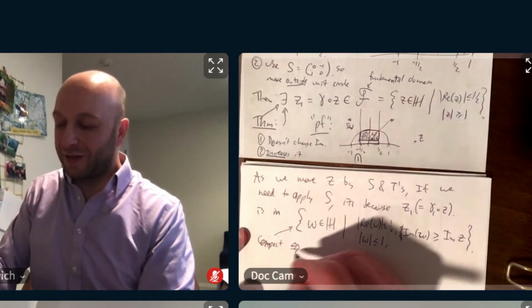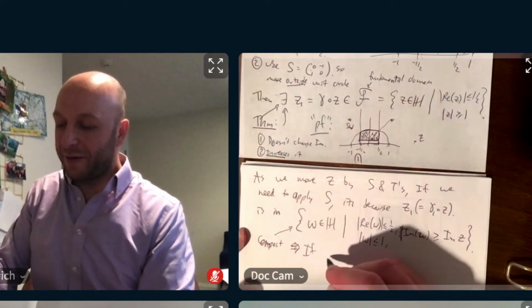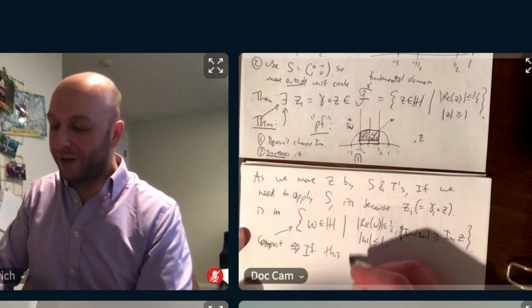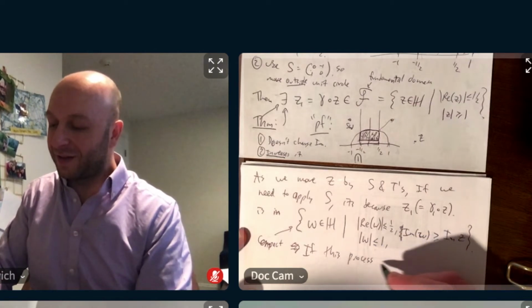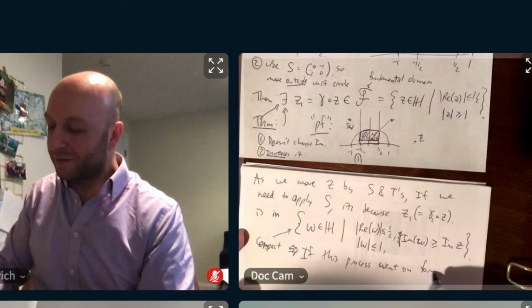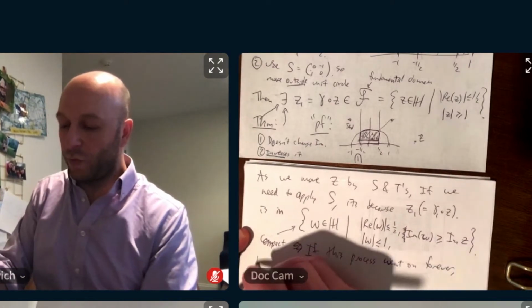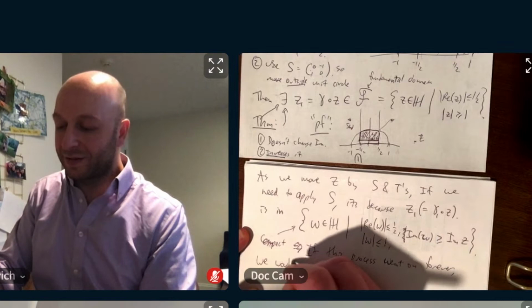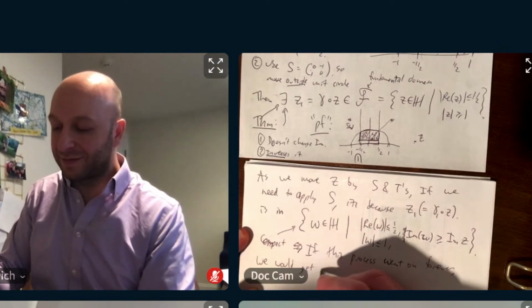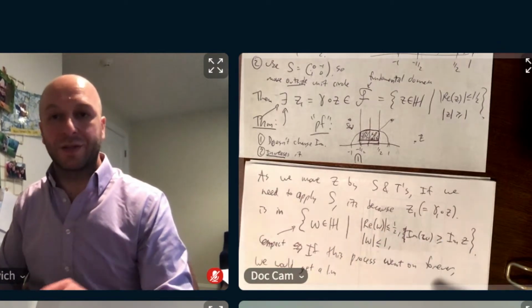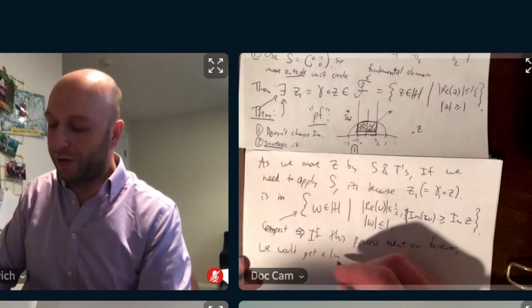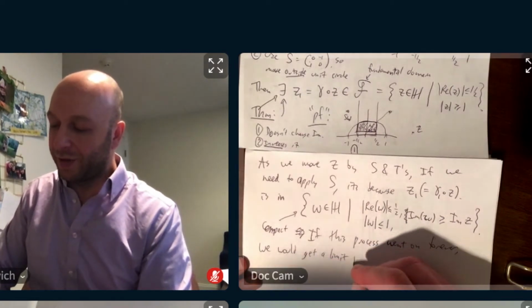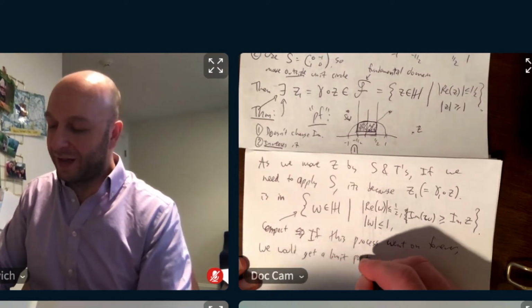So if this process went on forever, we would get a limit point along a subsequence, a limit point in this compact region, right?